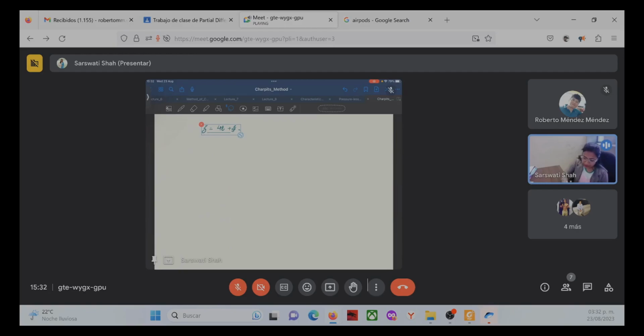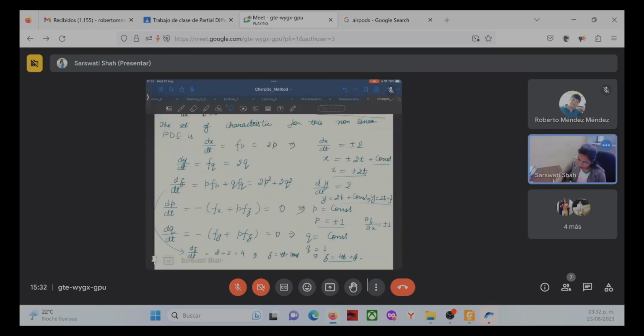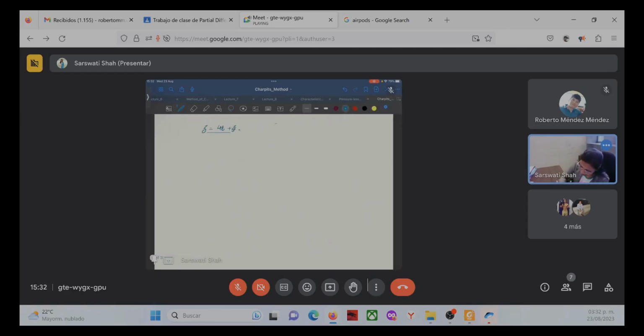So we have z equals 4t plus xi, and we have x equals plus minus 2t and y equals 2t plus xi.